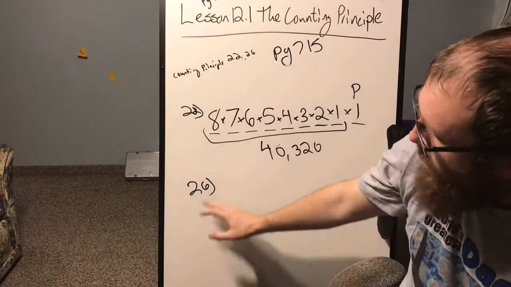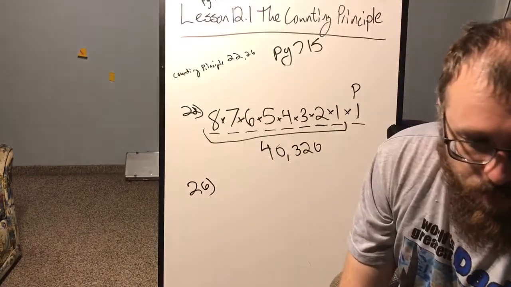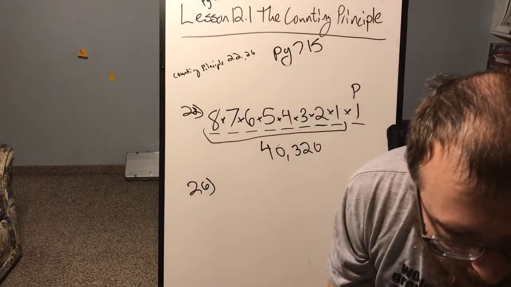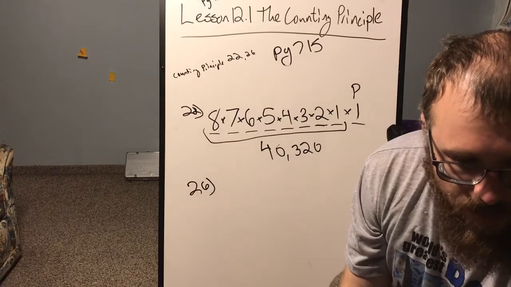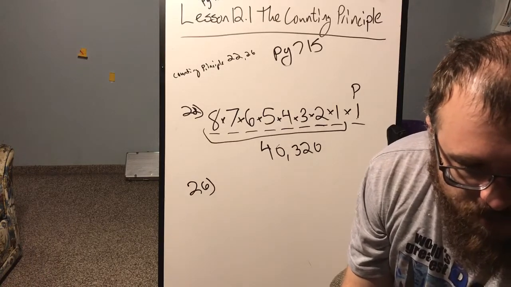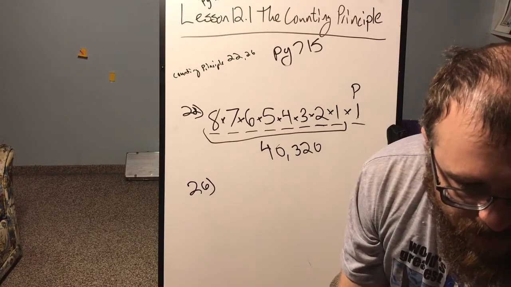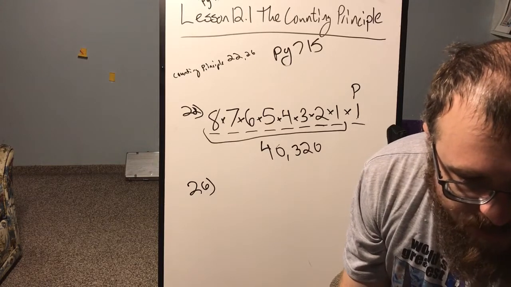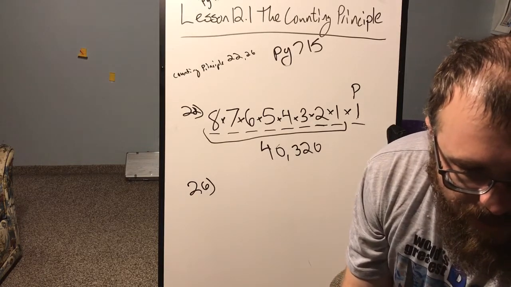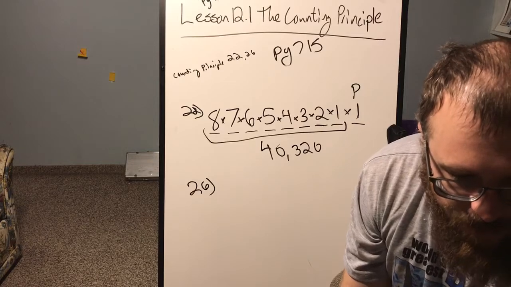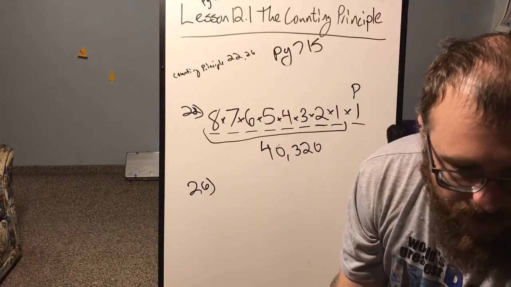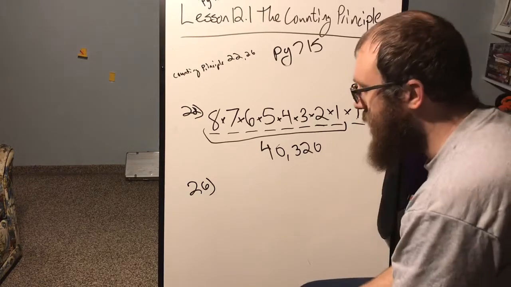All right, the last one I'm going to do is problem 26, and then I'm going to leave you with your homework here. Problem 26 says, for a particular model truck, the dealership offers 5 versions of the truck in that model with 16 different colors and 8 different interior cab colors. How many possibilities are there for building a truck?